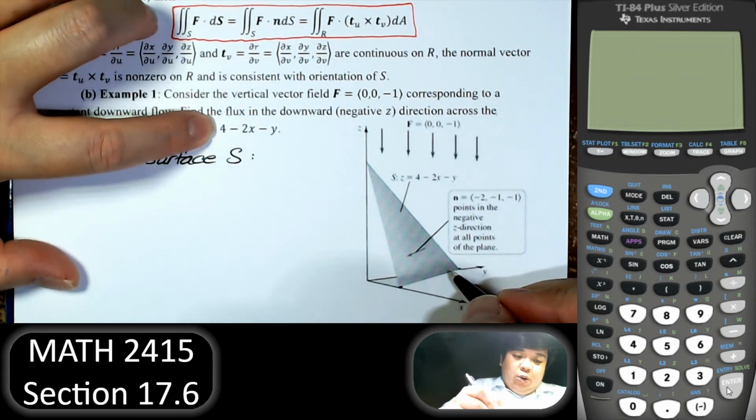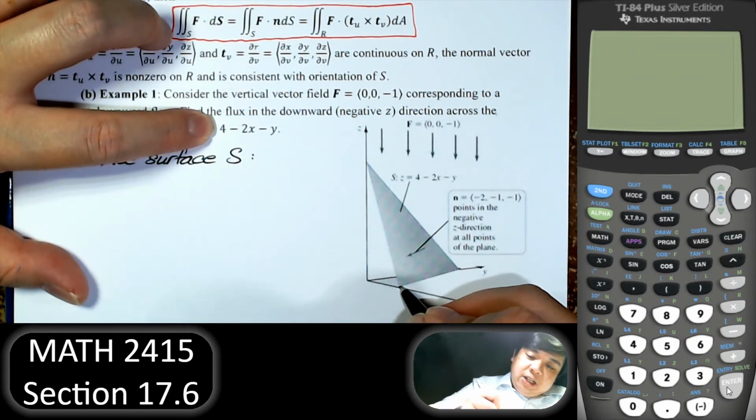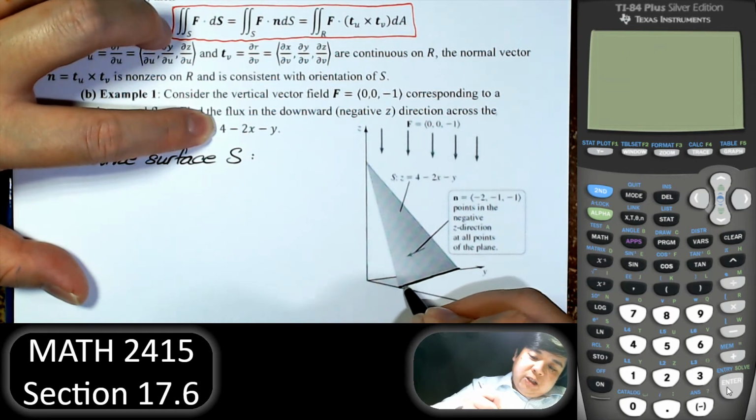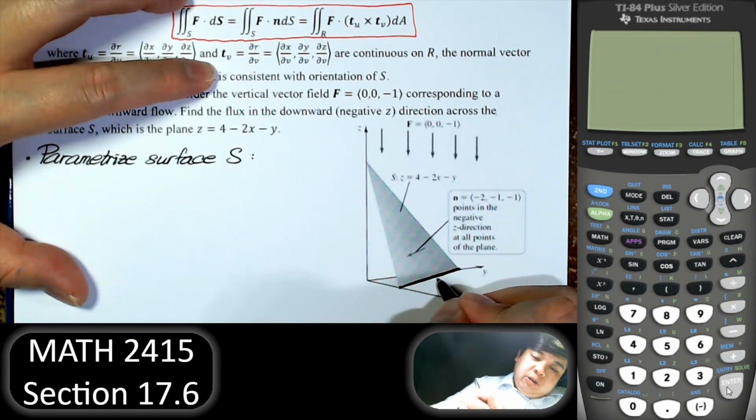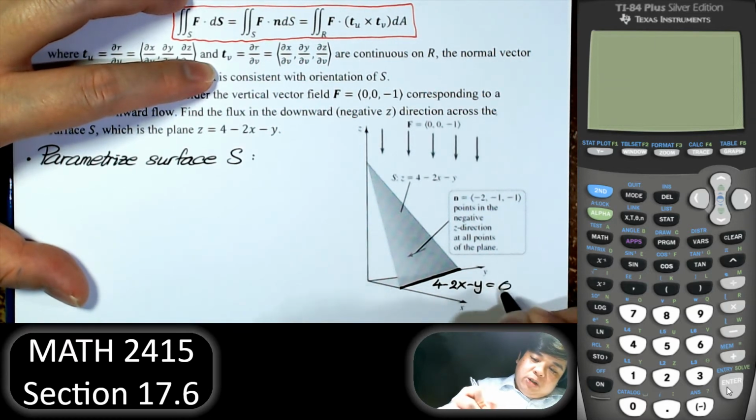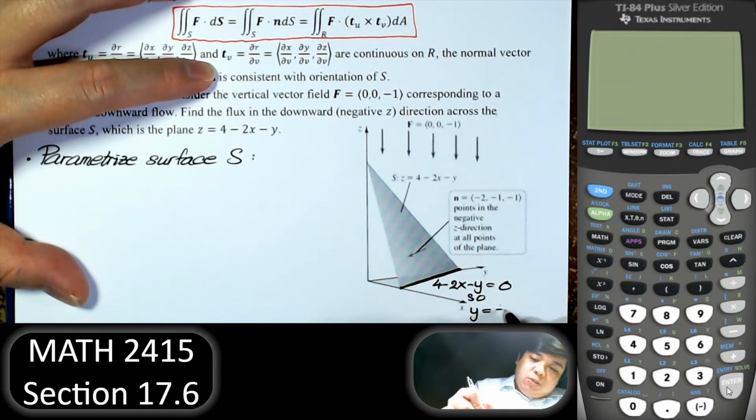And when we let z equal to 0, this equation is 4 minus 2x minus y equal to 0. So we write y equal to 4 minus 2x, or minus 2x plus 4.